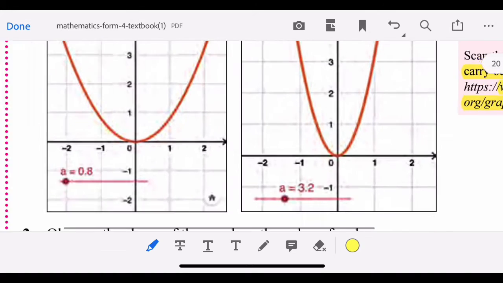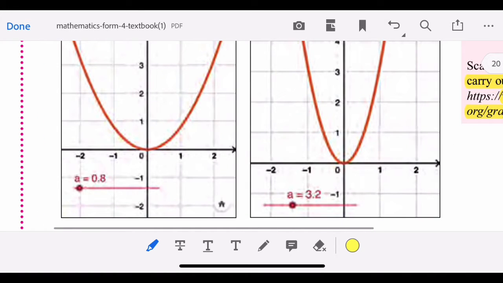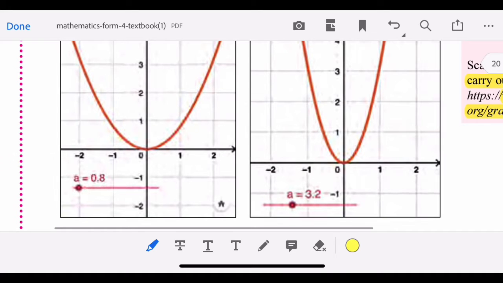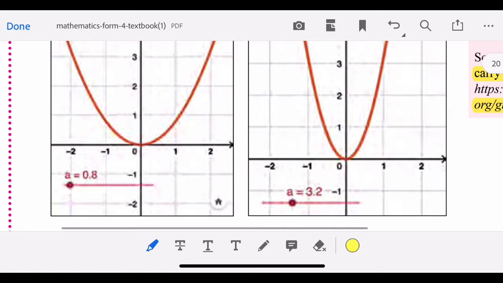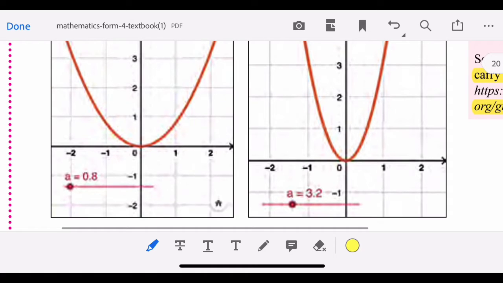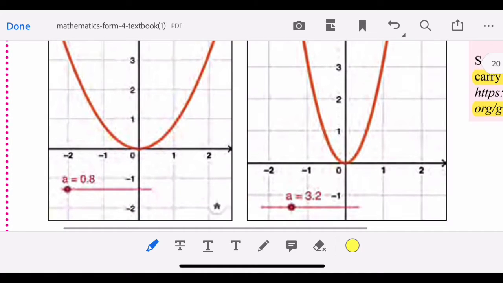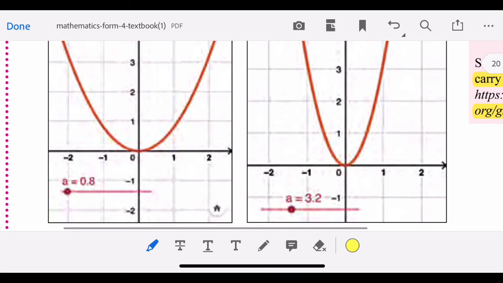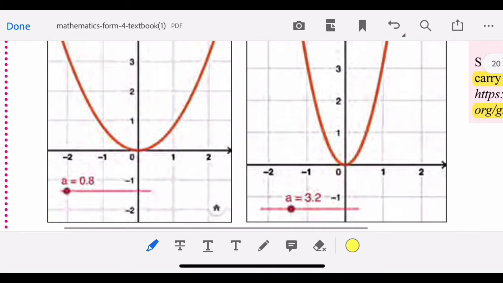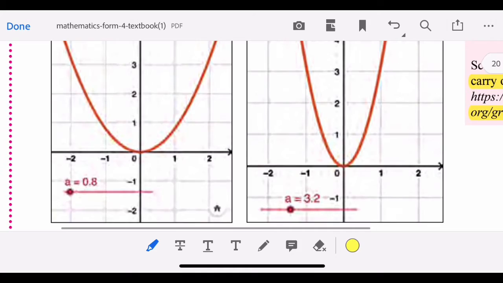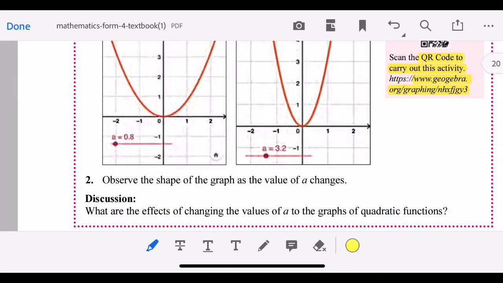The bigger the value of the a, which is the coefficient of the x squared, the narrower the shape of the quadratic function.